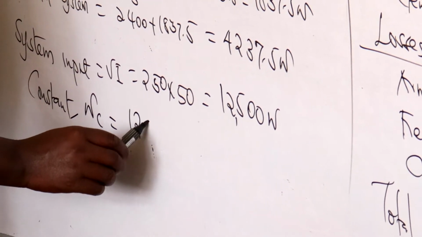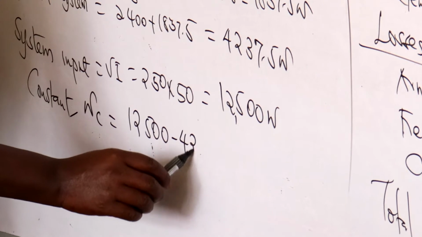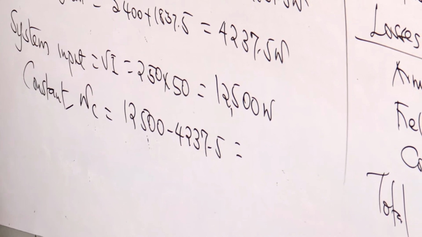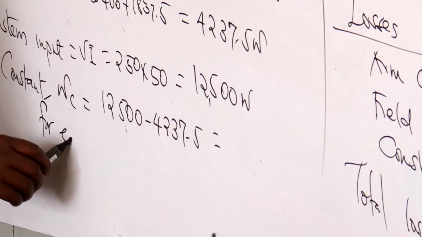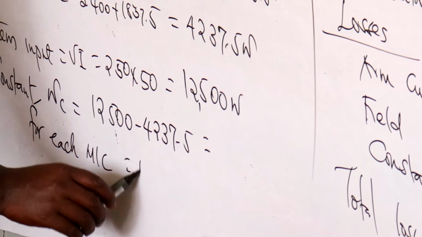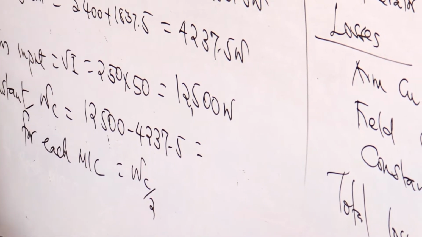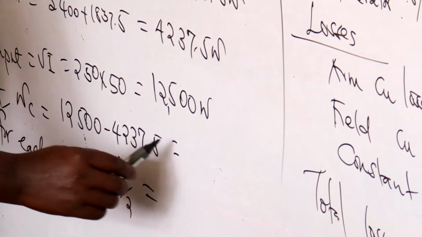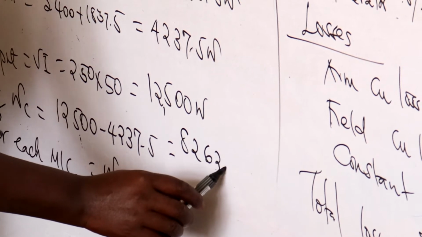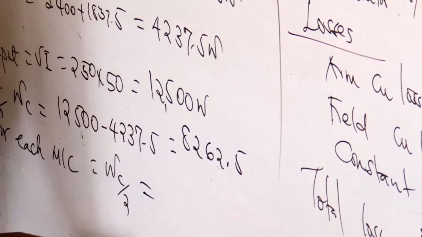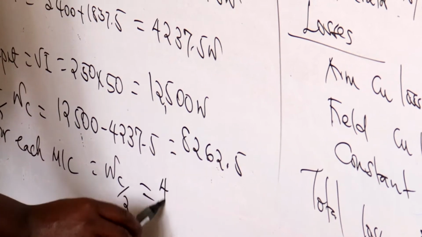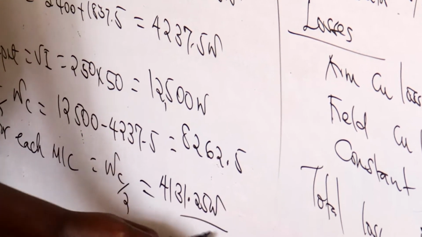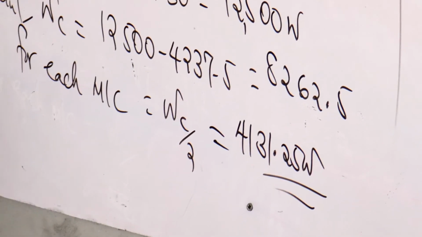So you are talking about 12,500 minus 4237.5, which is 8262.5. And therefore for each machine, WC divided by 2 is 4131.25. So that's the WC.